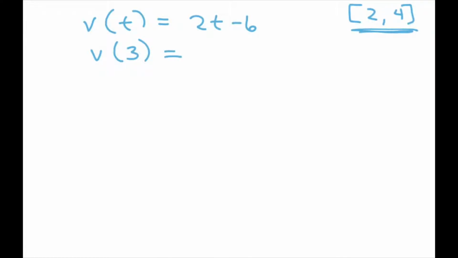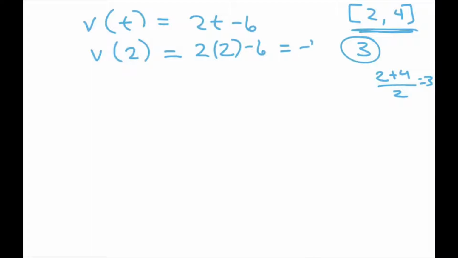That's 2 plus 4 divided by 2 equals 3. So let's try 2. So you get 2 times 2 minus 6, and that equals negative 4. So that's negative.